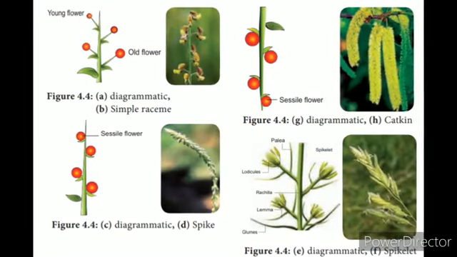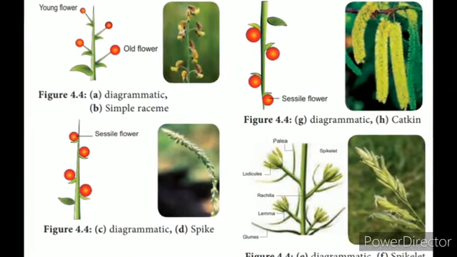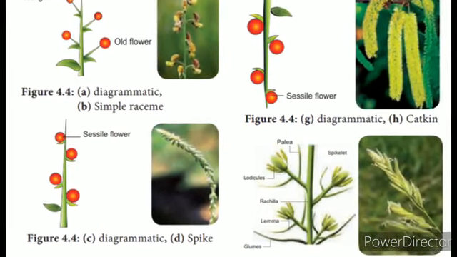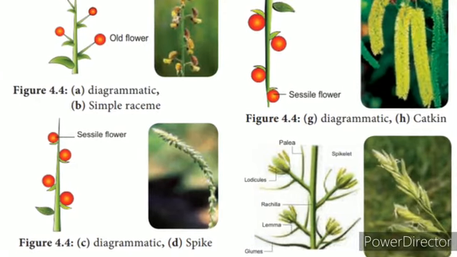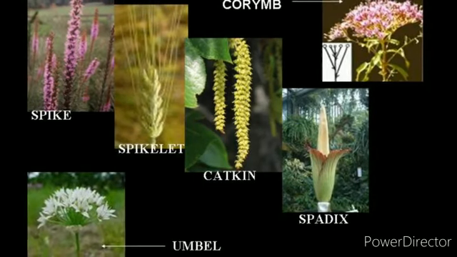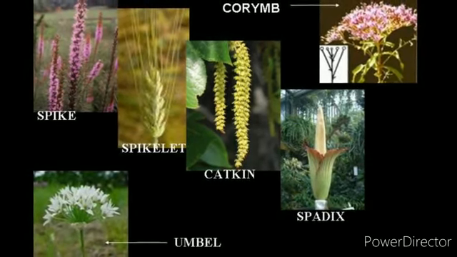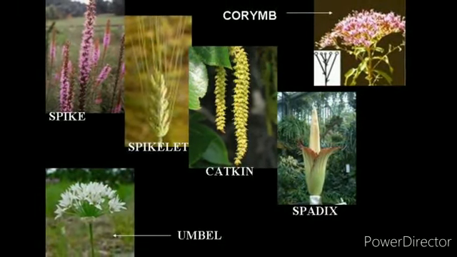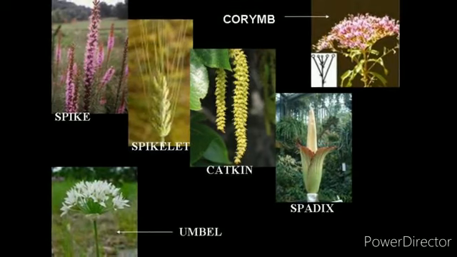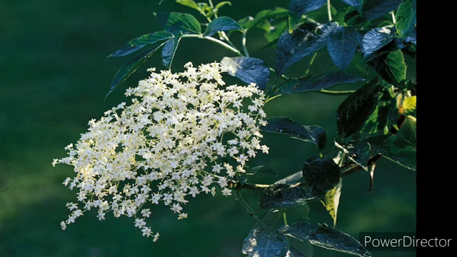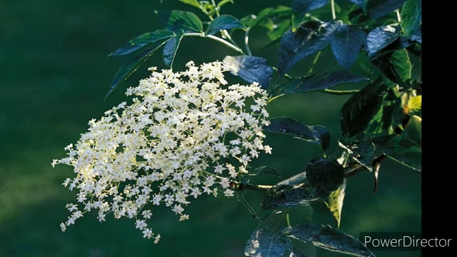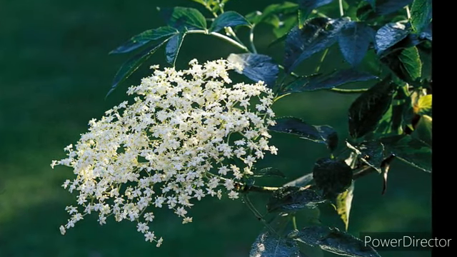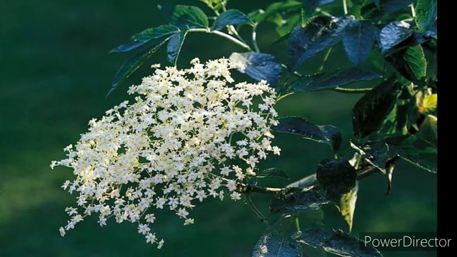So these are the different types of racemose inflorescence. First of all, we have seen the characteristics of racemose inflorescence, in which the peduncle, in almost all the types, grows indefinitely, and acropetal manner we can see. Of course, in some of the flowers, centripetal manner also we can see. In a simple inflorescence, the flowers are arranged on an unbranched peduncle, whereas in the compound inflorescence, the flowers are arranged on branches.